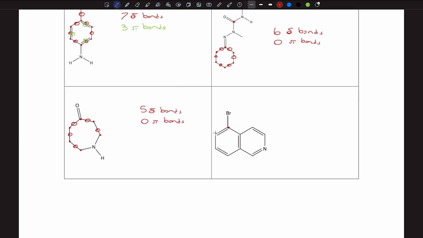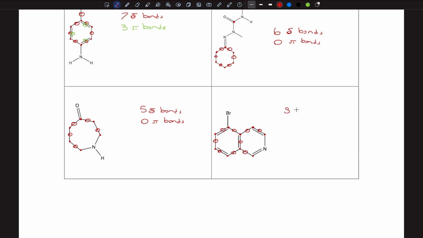Let's mark all our carbons. So we have 2 rings stacked together. It's interesting because later in Orgo 2, you'll learn how to create these molecules. It's one of my favorite reactions, and I can't wait to teach it to you guys. But to calculate the sigma bonds, let's count all our sigma singles. So 1, 2, 3, 4, 5, 6, 7, 8, 9.